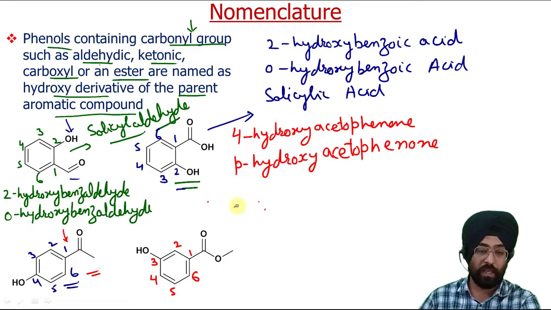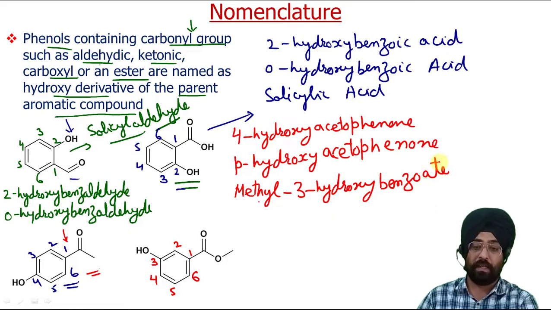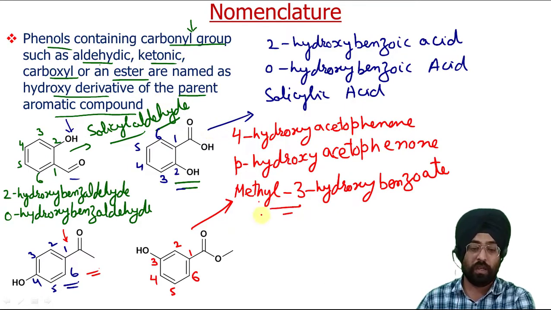Its name will be methyl first, because it is a derivative of methyl benzoate, then 3-hydroxy, because hydroxy is at the third position, then benzoate. That is the name of this compound, methyl 3-hydroxybenzoate. So in all these compounds we have taken OH as a prefix and named it hydroxy. That's how you name these compounds.